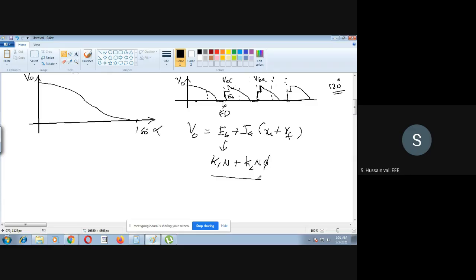Then I can write this further, because phi depends upon Ia, as K1 into N plus K2 into Ia into N. This is because of the residual flux. You must understand there is a residual flux in case of DC series motor that we have seen even in the previous class. Whereas this part is because of the actual field.